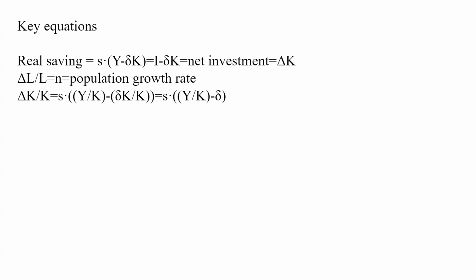So that's our income, and the real saving is the amount of that we save. So we've got S times income is equal to our real saving.